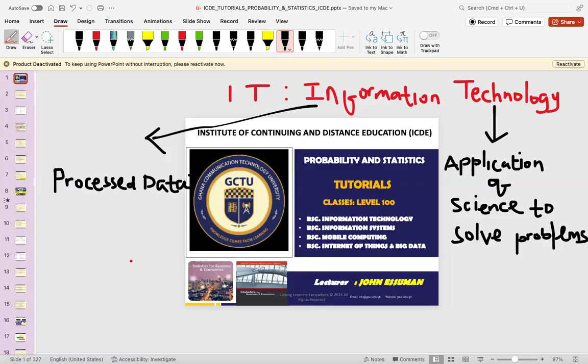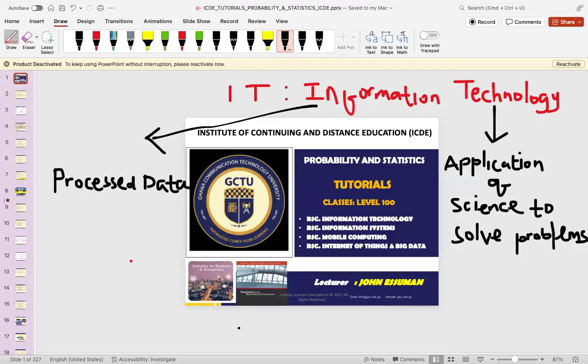So it means that if I'm to just put the two together in a simple language, all that you will be doing in this your program, information technology program, is that you will be applying processed data with the aid of science to solve problems.